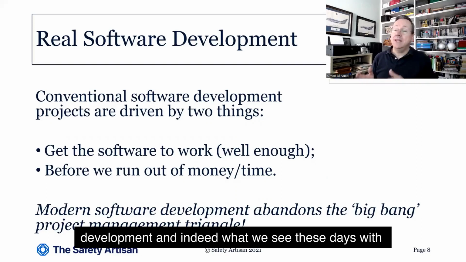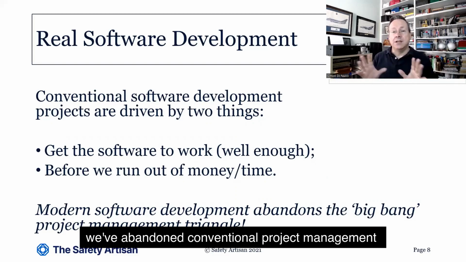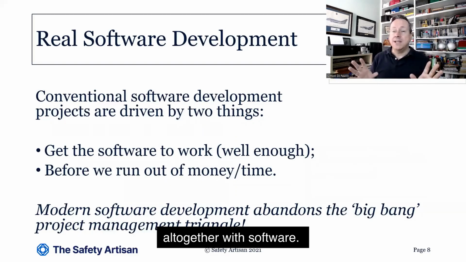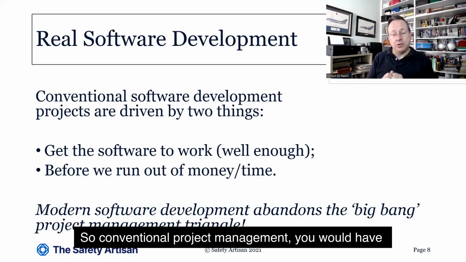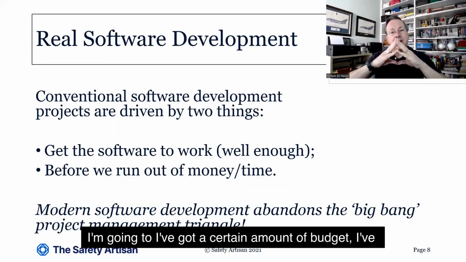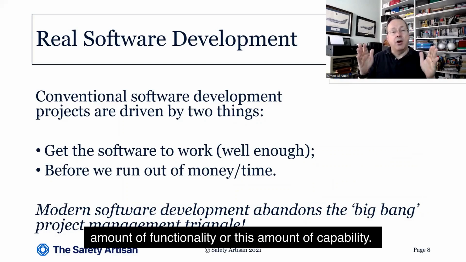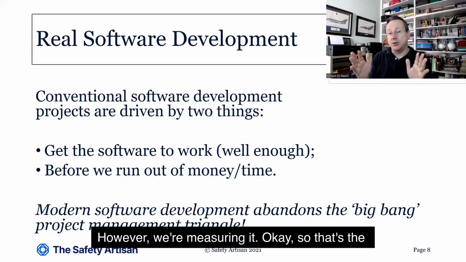And indeed, what we see these days with modern development techniques like Agile is arguably we've abandoned conventional project management altogether with software. So conventional project management, you would have the classic project management triangle where we say, I've got a certain amount of budget, I've got a certain amount of time in order to deliver this amount of functionality or this amount of capability, however we're measuring it, okay?